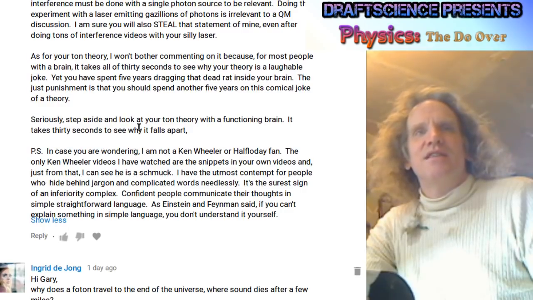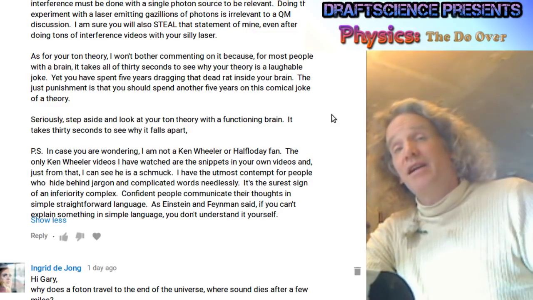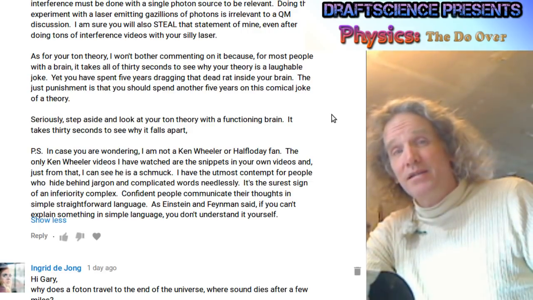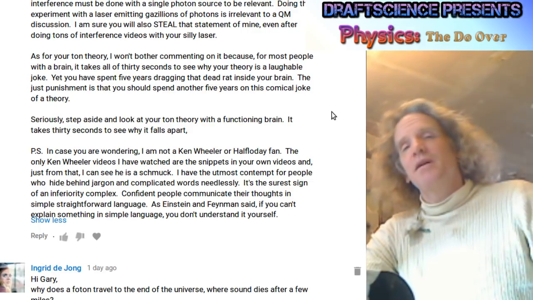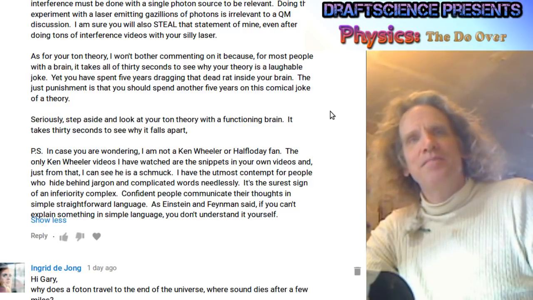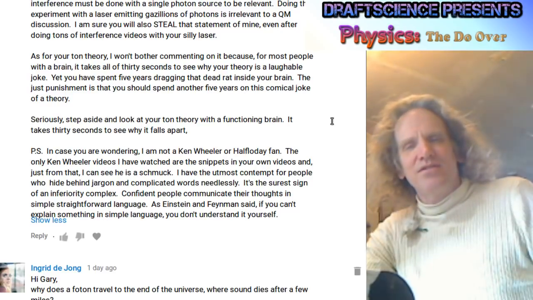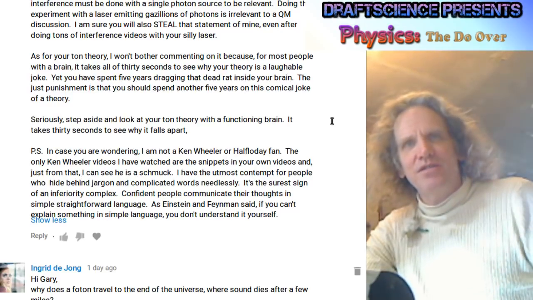Anyway, seriously, step aside and look at your TON theory with a functioning brain. Yes, I have, and I pointed out how it explains magnetism perfectly. It does a beautiful job of explaining exactly why magnets attract and why magnets repel. And it's a beautiful explanation of gravity.